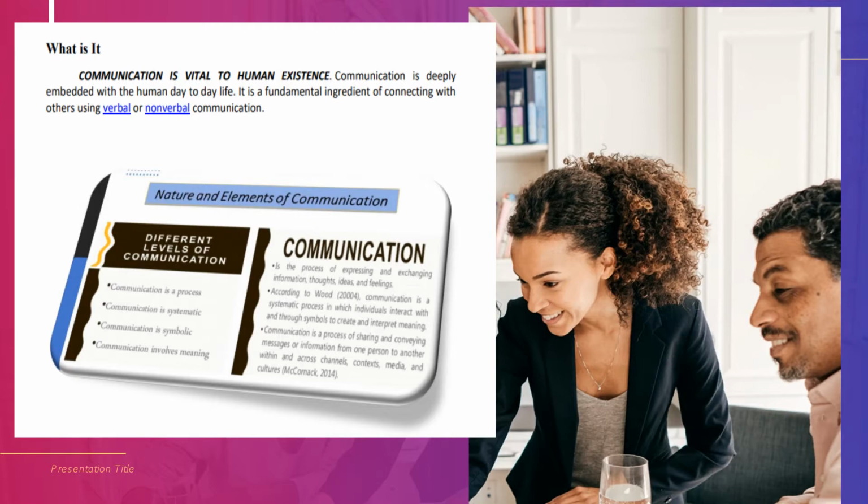Now, communication is systematic and symbolic, according to Wood 2004. Communication is a systematic process in which individuals interact with and through symbols to create and interpret meaning. Right.